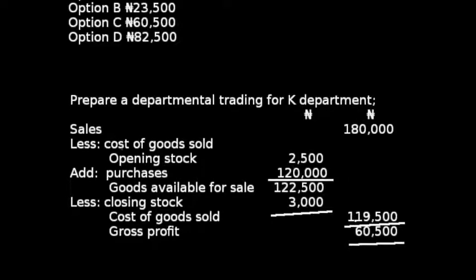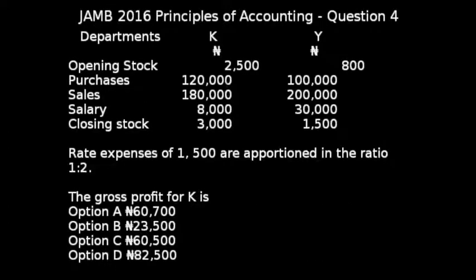And then looking at this, we have cost of goods sold as the heading. Now the first item is opening stock. Opening stock is 2,500 as given in the question. 2,500, that's for department Care.